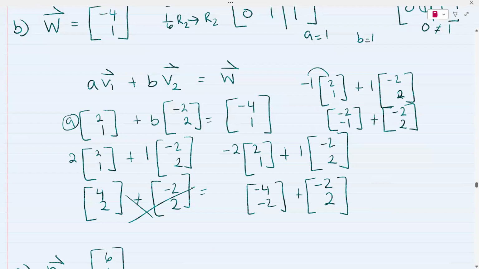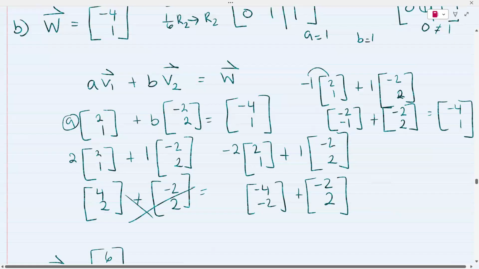Add them up. -2 plus -2 is -4. 2 plus -1 is 1. Perfect. So my a value will be -1, and my b value would be +1. So we could have got away with it without a matrix.